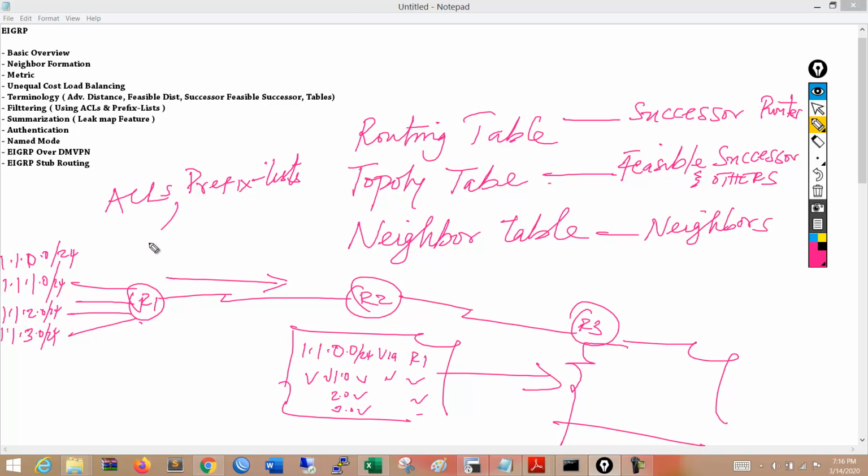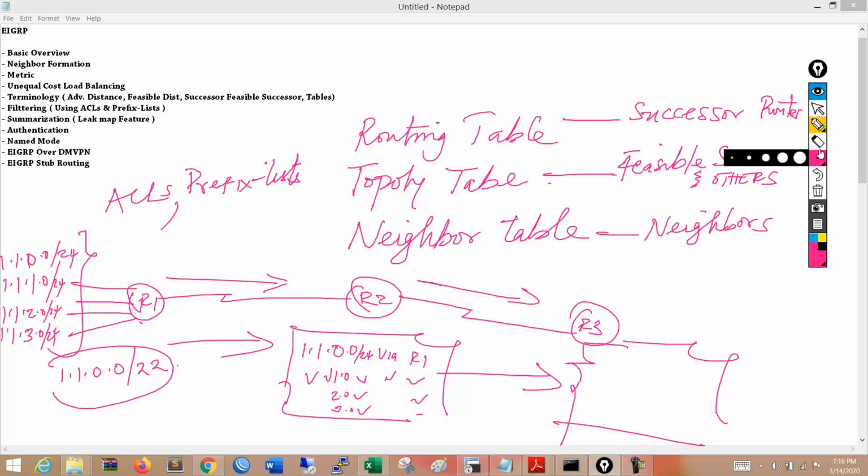So one of the things you can do is to summarize these routes into one advertisement, and EIGRP allows you to do that. So we can easily summarize these routes to 1.1.0.0/22. All these networks have been collapsed into one advertisement, whereby we can now advertise a single route to router 2, and router 2 will also do the same to router 3, and we thereby reduce the number of routes in the routing table.